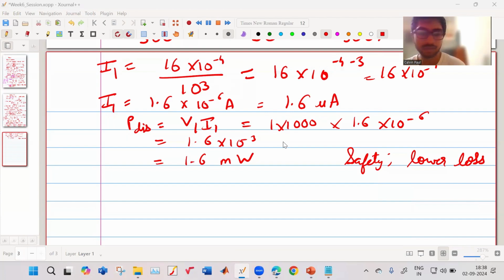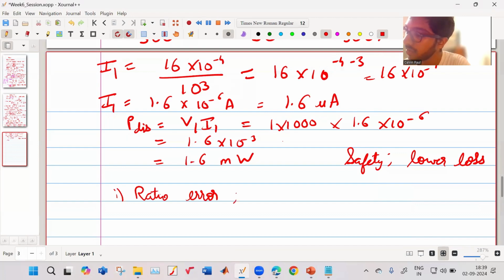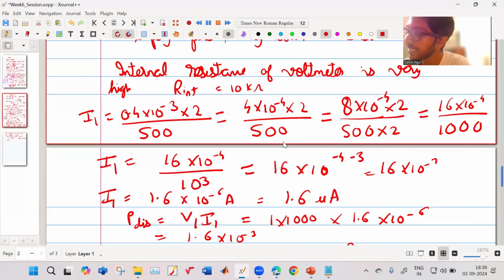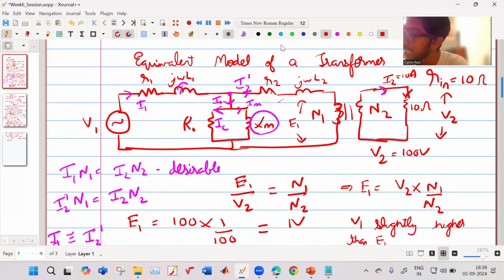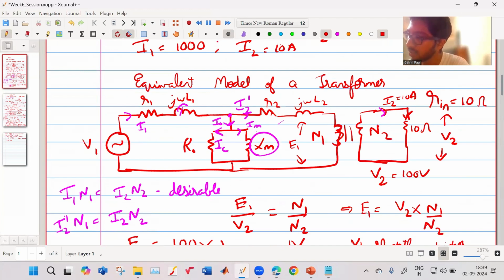So we have studied the current transformer and potential transformer. In the potential transformer also there is a ratio error. This diagram is very important; you must understand it properly. What we desire is V1 upon N1 equal to V2 upon N2, but that is not happening. Why?